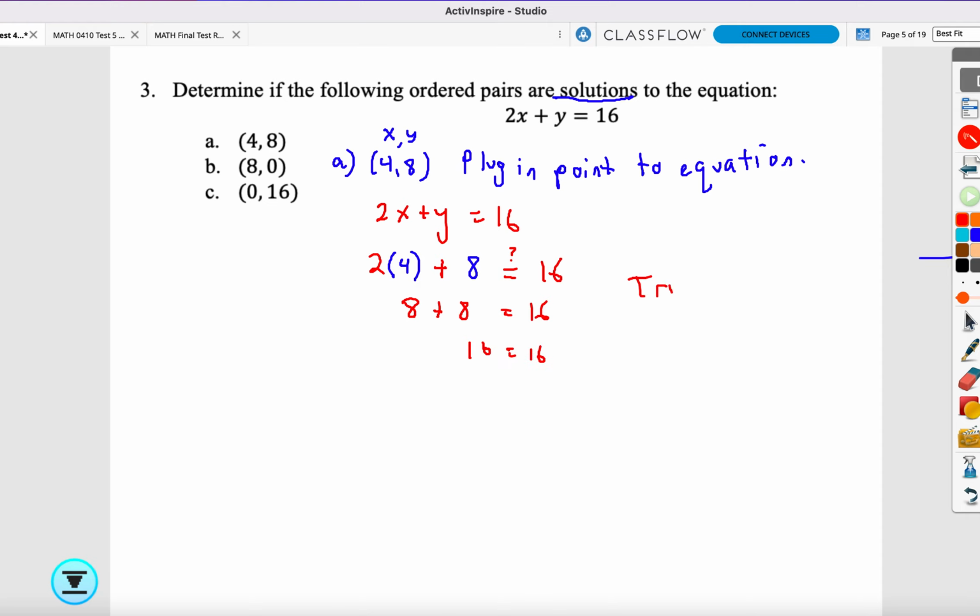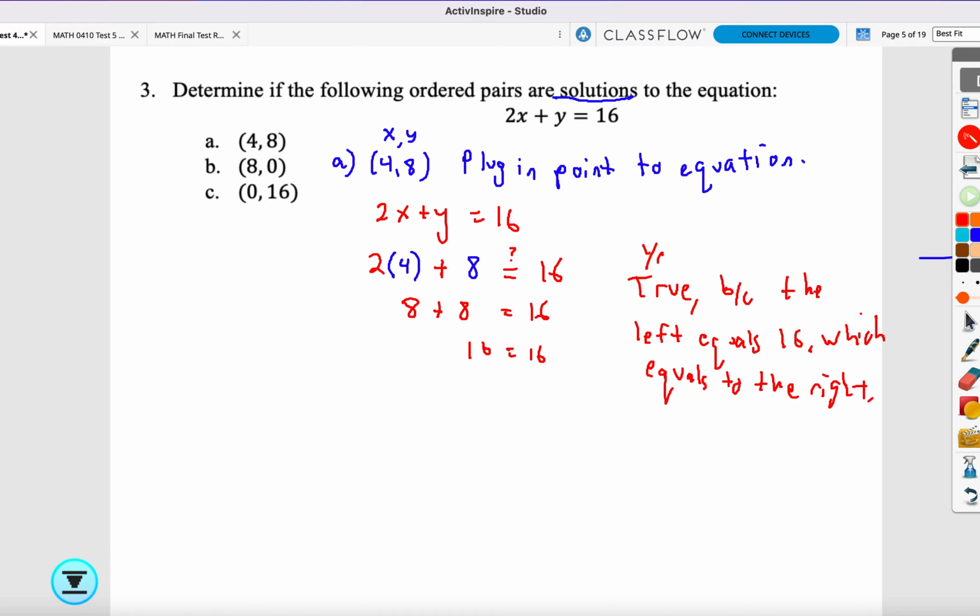So it's true because the left equals 16, which equals the right. Yes, it's a solution.